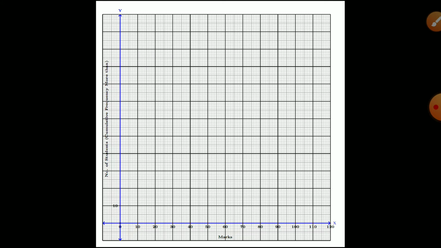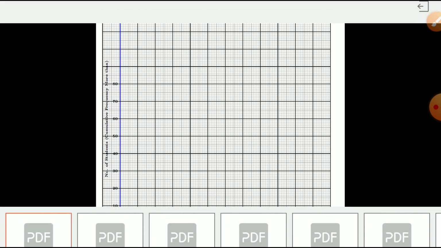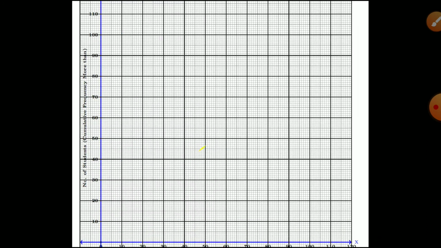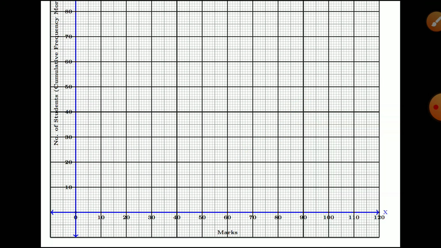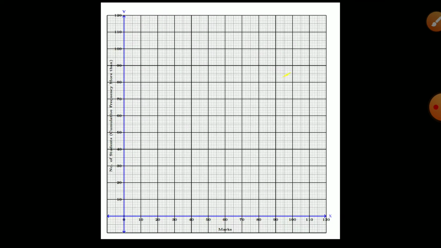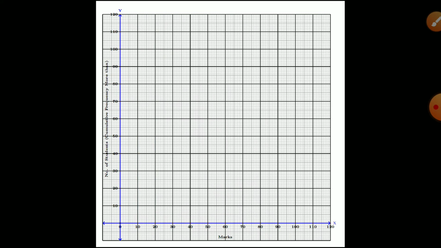Scale on the y-axis is 10, 20, 30, 40, 50, 60, 70, 80, 90, 100, 110, 120. So these are the scales on the x-axis and y-axis. On the x-axis we put marks, and on the y-axis we put more than cumulative frequencies, means number of students. Now we plot the graph, marks versus number of students.